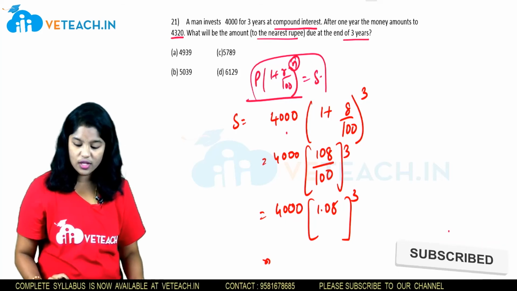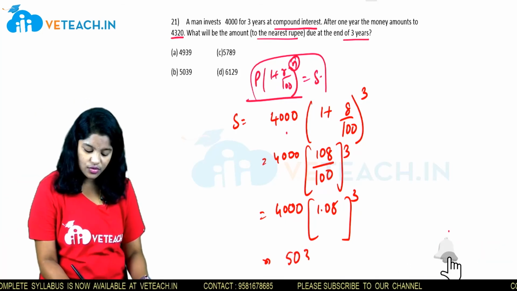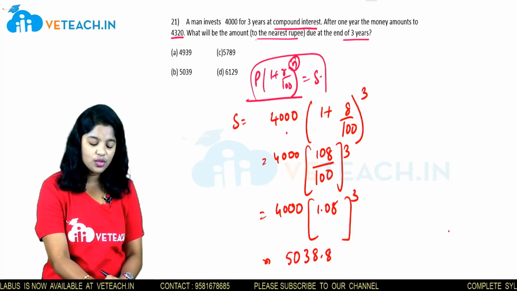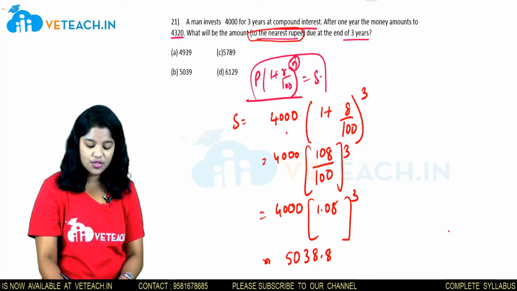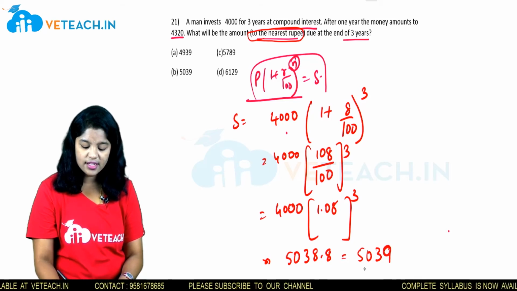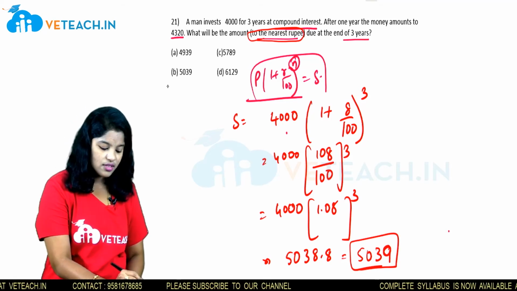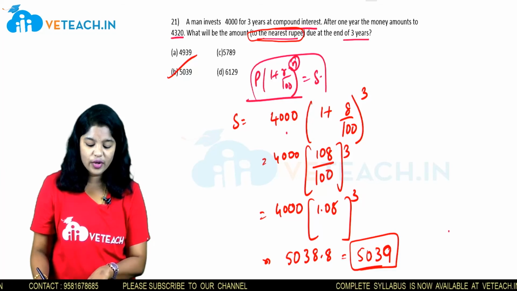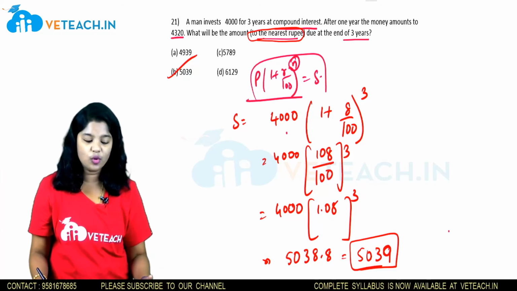So it is equal to 5038.8. And they have asked in the question to round it off to the nearest rupee. So we can write it as 5,039 rupees. So option B is our correct answer. So at the end of 3 years, it will amount to 5,039 rupees.